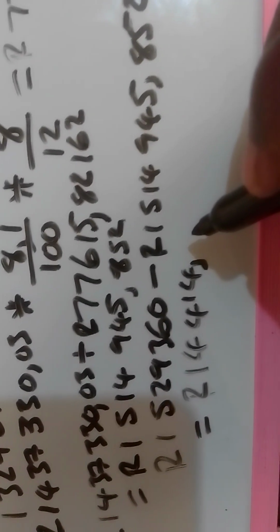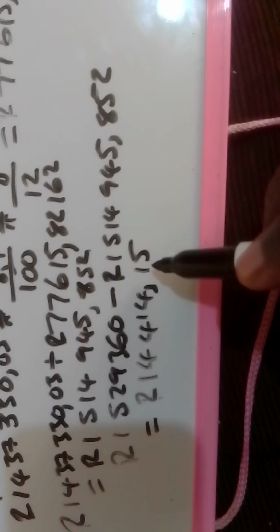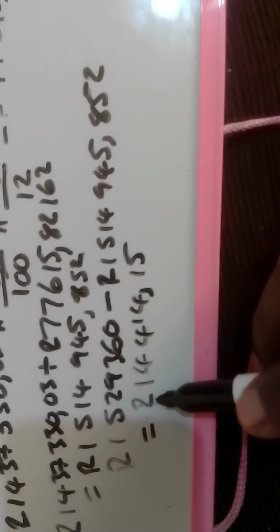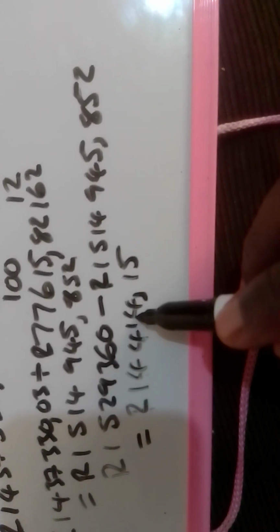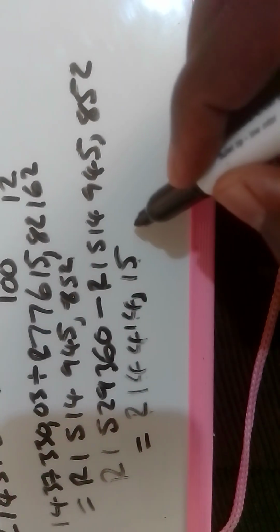Now I round off to 2 decimal places, 0.15. So Ryan's statement is true. Why? He made a return of 14,414 rand 15 cents more.